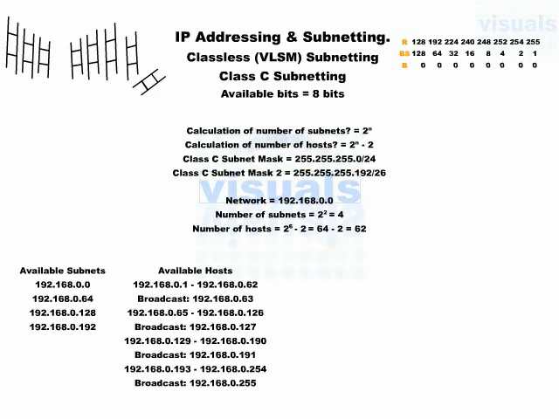For our network 192.168.0.0, we're getting hosts from .1 to .62. The broadcast address for this network is 192.168.0.63. For our second network, here it is, 192.168.0.64.